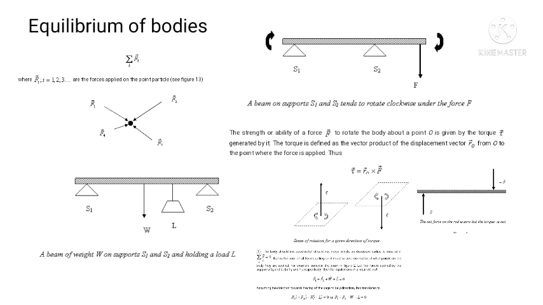This is given below as the second rule of equilibrium: the summation of the moments of forces about a point O is 0. Therefore, the summation of torque i about O equals 0, where torque i about O is the torque due to force Fi about a point O.